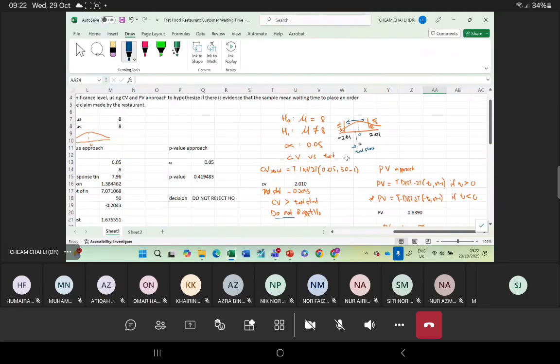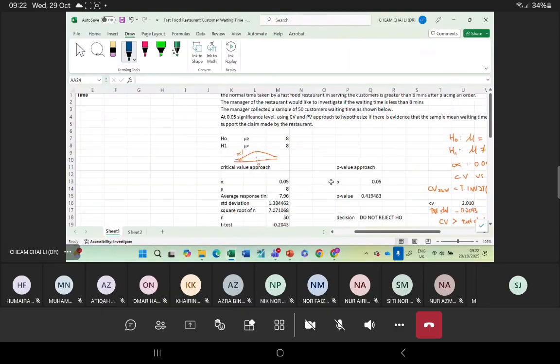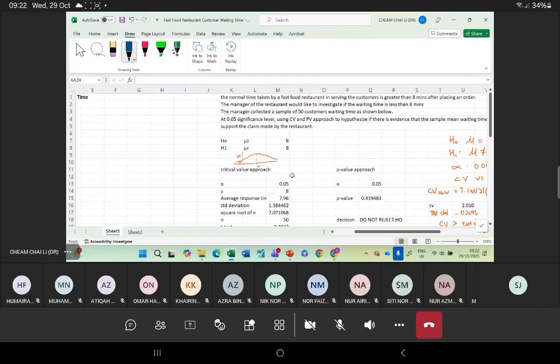Okay, in this case, you can say that there is insufficient evidence to support the alternative hypothesis. Therefore, it can be concluded that the customer waiting time, yeah, is greater than 8 minutes. Yeah. So kita punya decision adalah do not reject H0, maka kita kena buat keputusan based on null hypothesis statement.